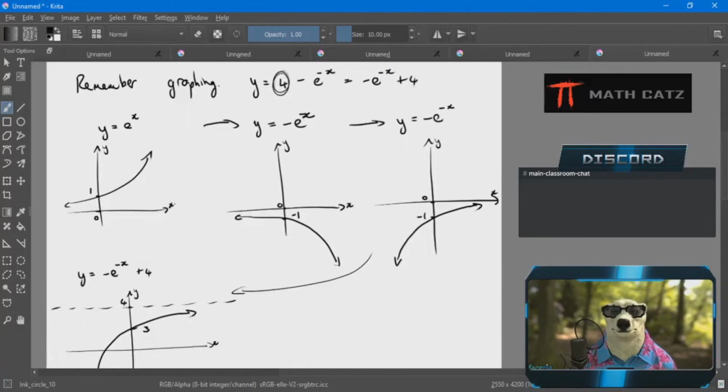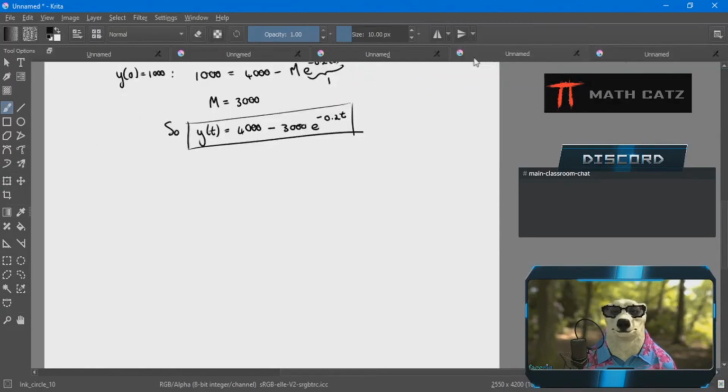So my number that I'm adding is going to be where the horizontal asymptote sits. With my couple of negatives, I'm going to have sort of a backwards upward growth of my exponential function towards that asymptote. So we're going to get the following graph.